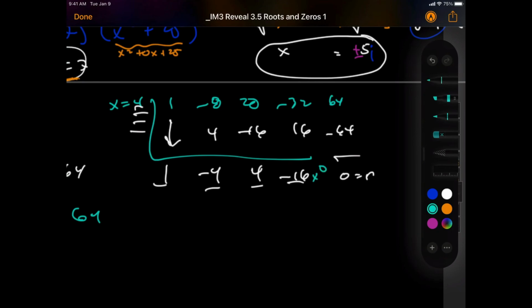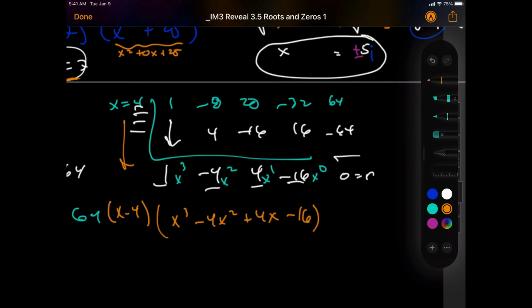X to the 0, x to the 1, x to the 2, x to the 3. So this would give us x minus 4, x to the third minus 4x squared, plus 4x minus 16.